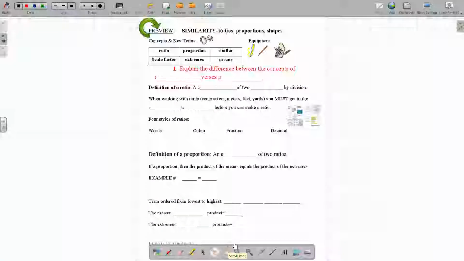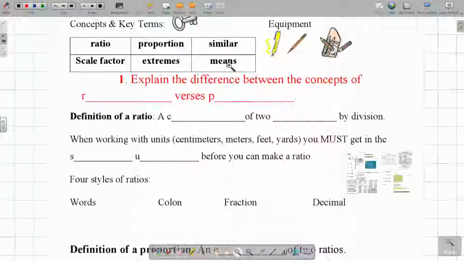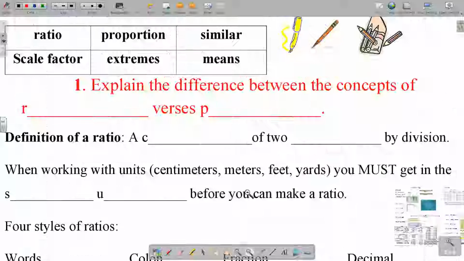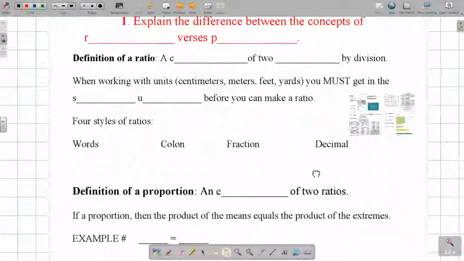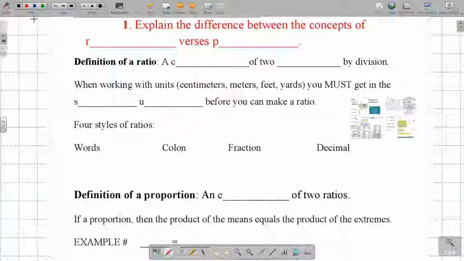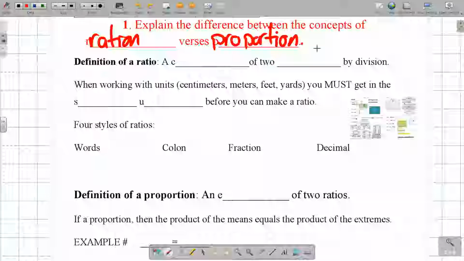So, number 1. We're going to explain the difference between the concept of ratio versus proportion. They are related, but they're not interchangeable.